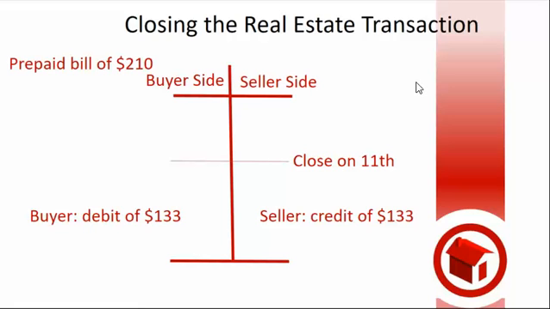So in this particular example, we have a prepaid bill of $210. It has to be split. I don't know what the bill is. Doesn't matter. It could be gas, it could be utilities, could be HOA, could be rental. All you know is it's prepaid. So my question to you is, when it comes to debits and credits, who gets what and how much?